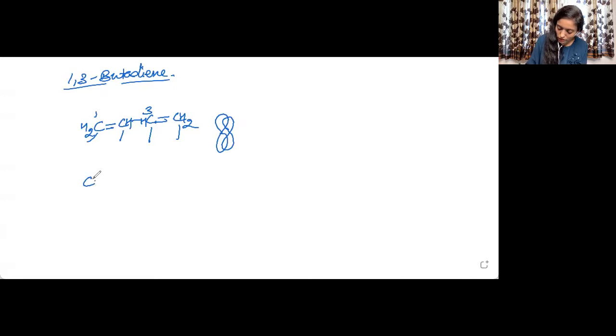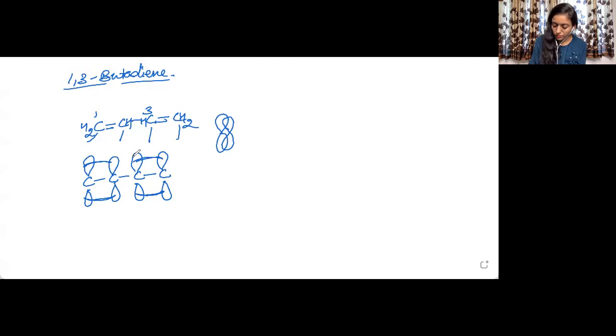Now I'm drawing this chain again. All the carbon atoms have one unhybridized p orbital, so I'm drawing the unhybridized p orbitals. Now, if we need to show the double bond formation, we will be showing the overlap of these 2 orbitals and these 2 orbitals.